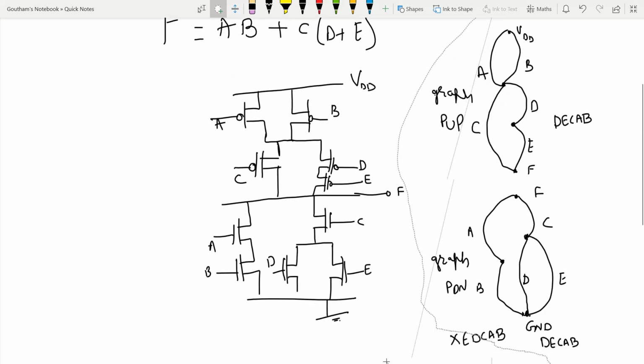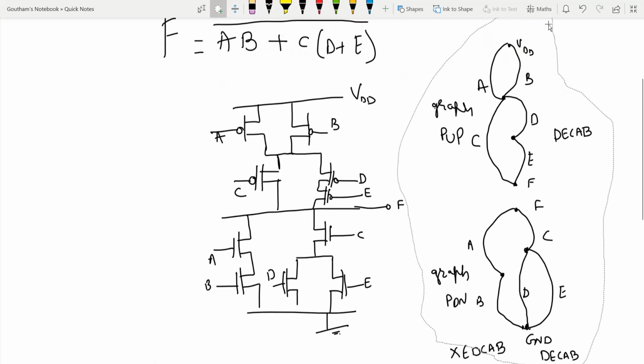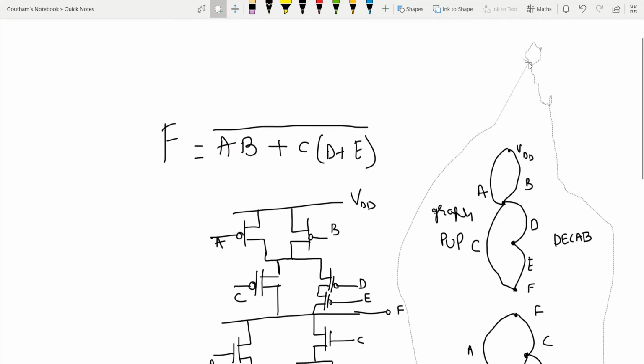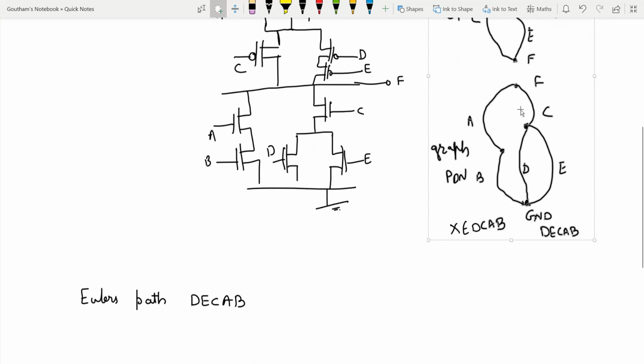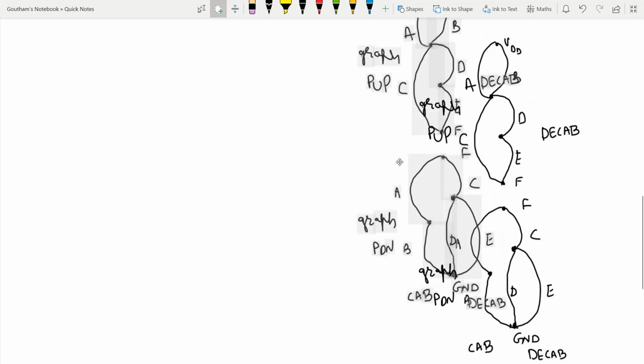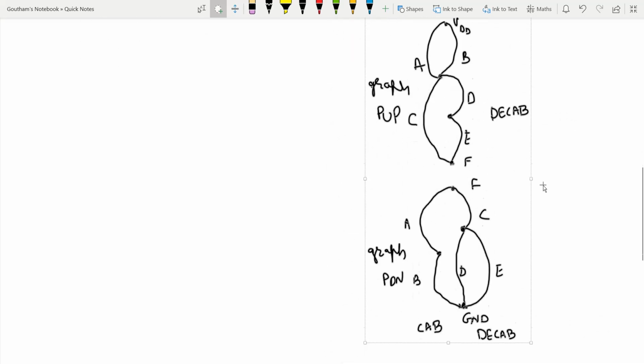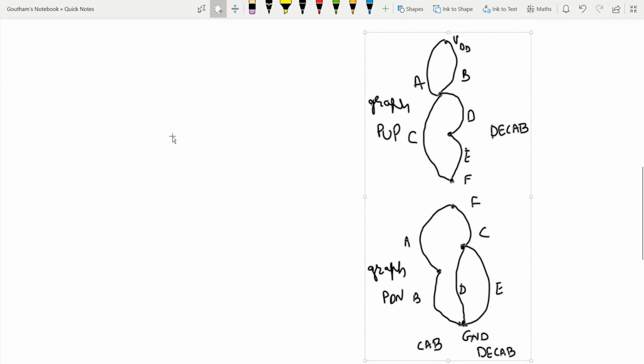Okay, let me have this here for quick reference. Okay, right. So DECAB is the Euler's path. Okay, now let me draw the stick diagram for it.